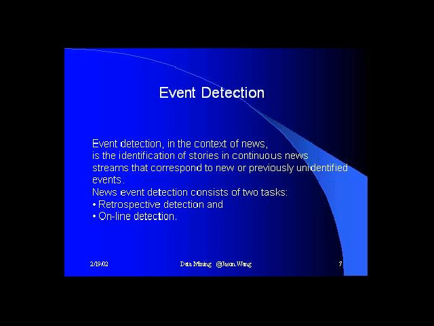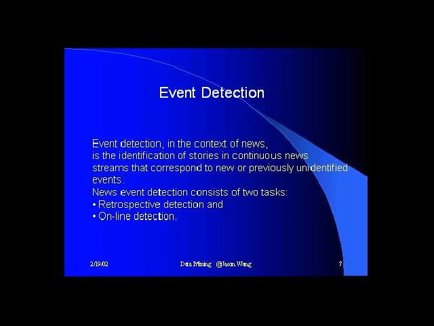I'm going to give you one algorithm for retrospective detection and one algorithm for online detection. If you look at these algorithms, you see that they are very much relevant to clustering algorithms. They are very similar.